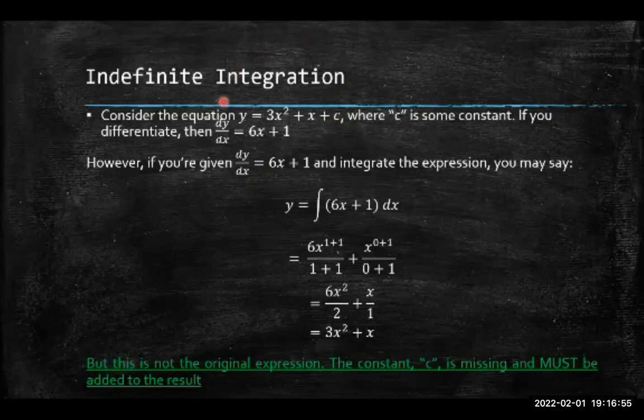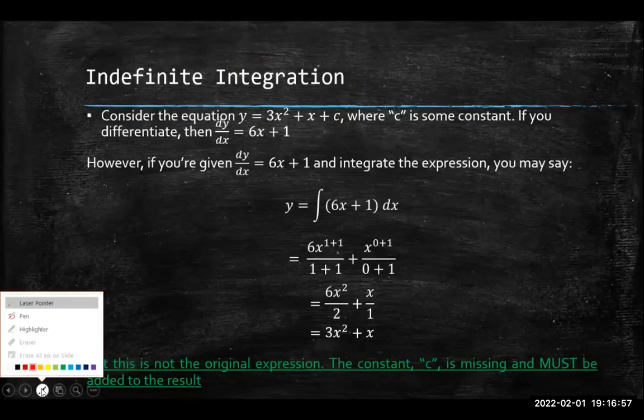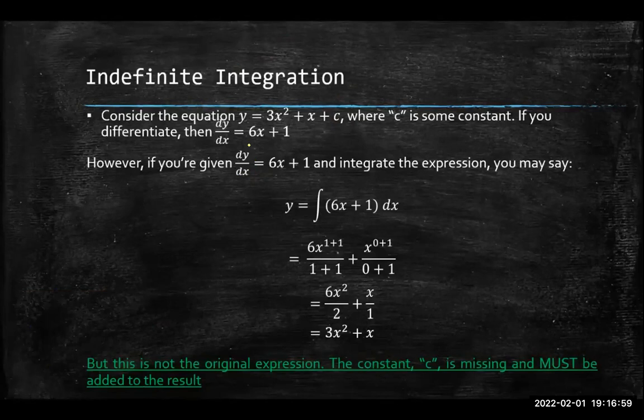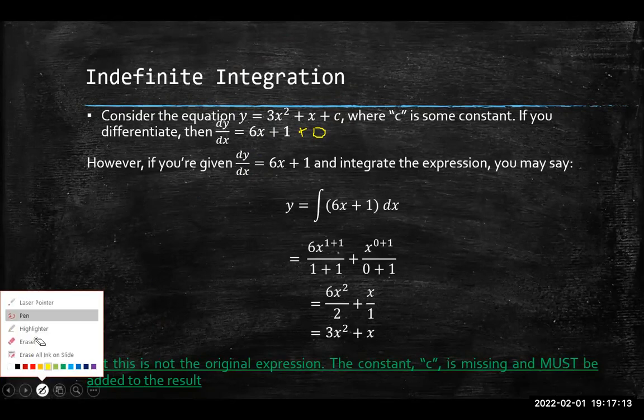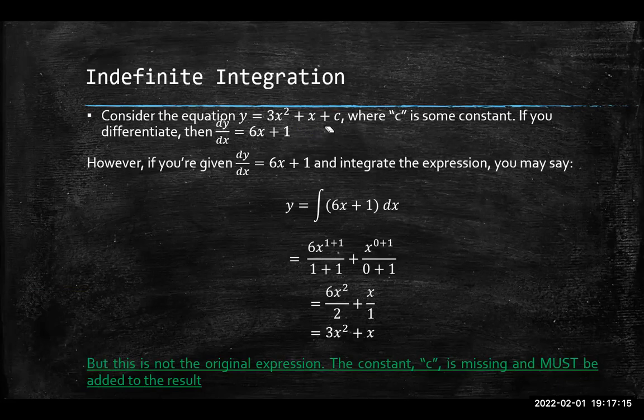When you differentiate a constant, you would always get 0. So in reality, what I would get is 6x plus 1 plus 0. But we know the 0 is understood. You don't go put plus 0, right? And that's where the c went. The 0 is understood, so there's no need for you to put plus 0.